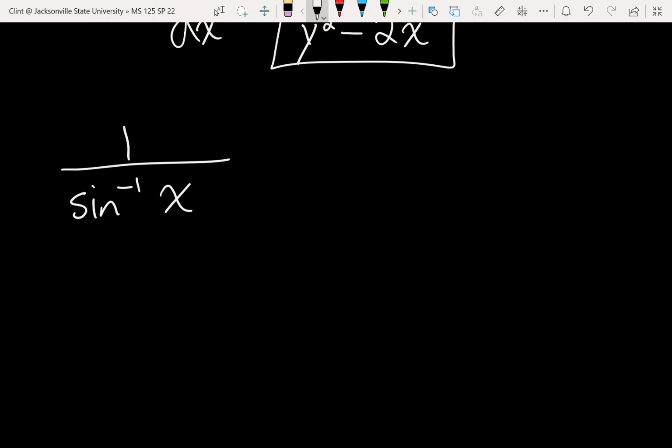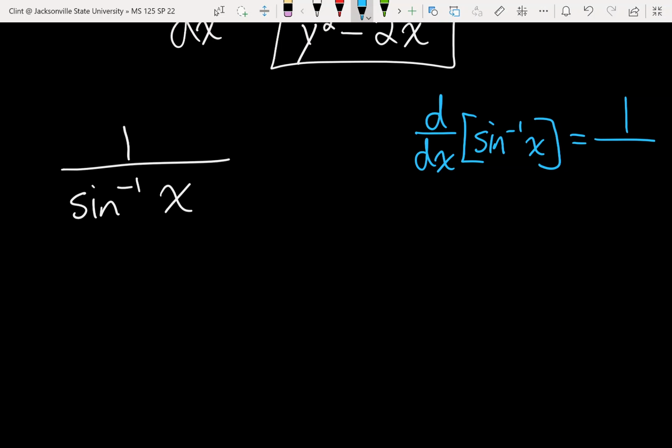So we had our definition, right? Let me write it back down. Our definition said d/dx of sine inverse of x is 1 over square root of 1 minus x squared. Sorry, it's a little sloppy, cut on the edge of the screen there.